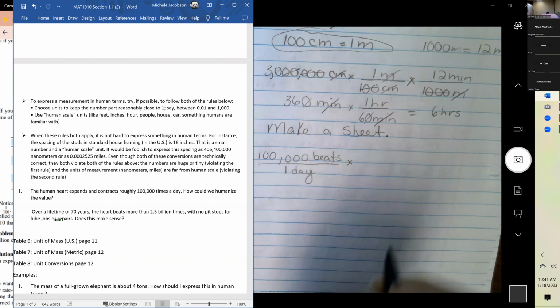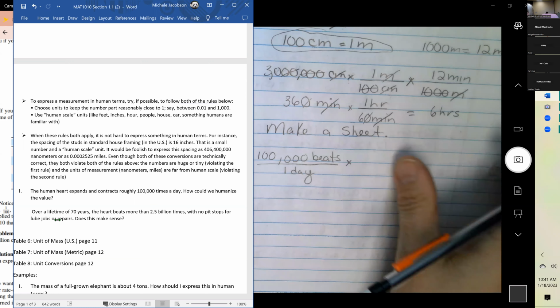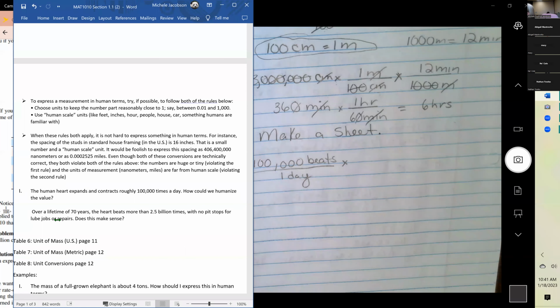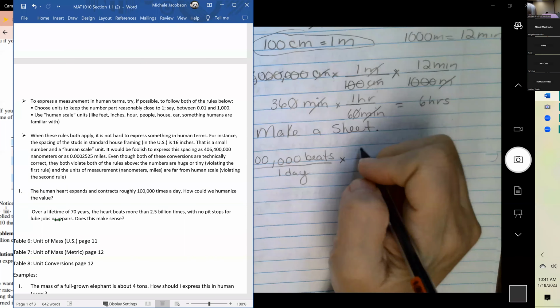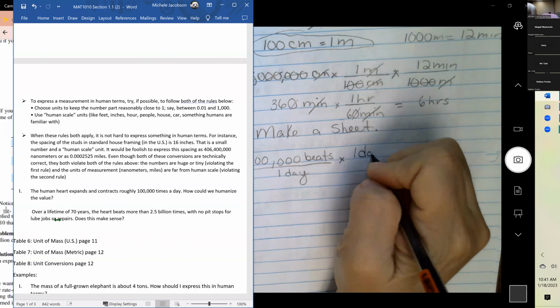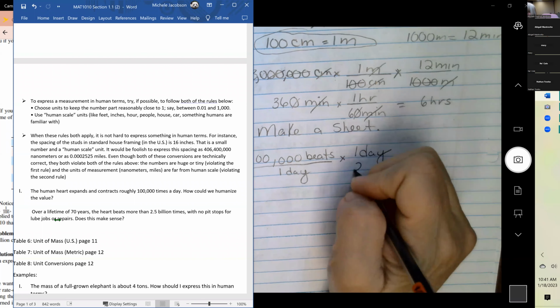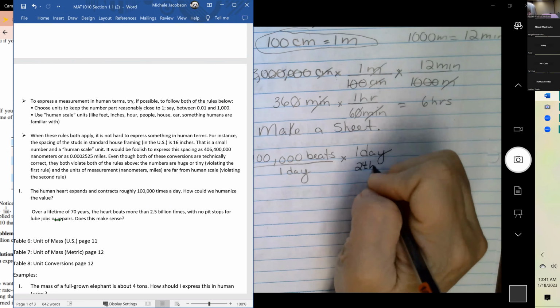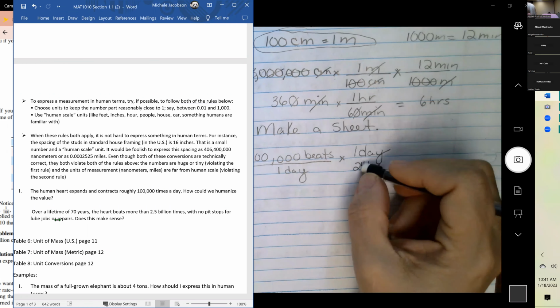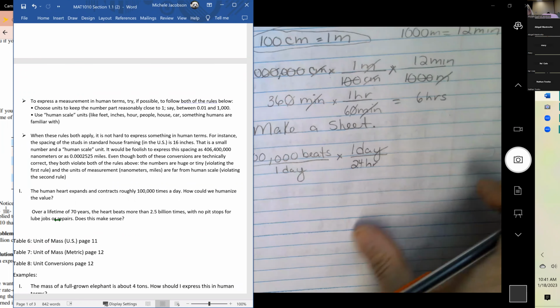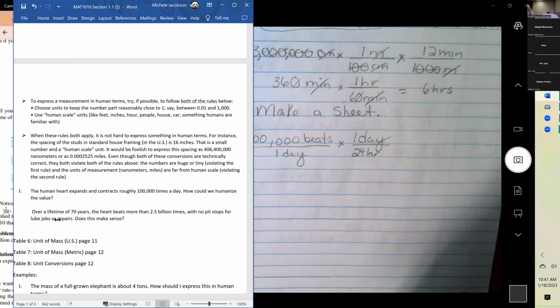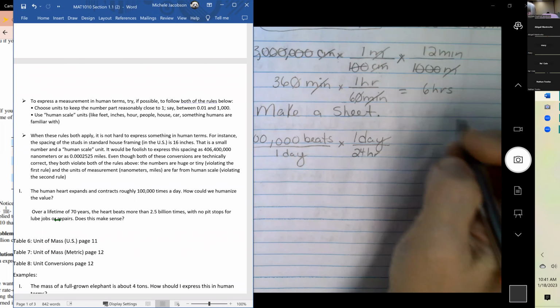Then I did this backwards because I divided by 24 to try to get the number of beats per hour. Oh, you're right. Sorry. Because one day would be 24 hours and that would make it smaller. And then that's when I divided by 60 to get per minute. And that's when I got 69.4 repeating.